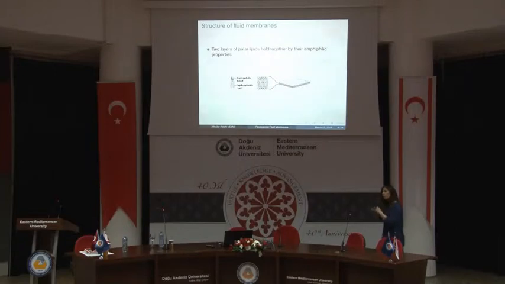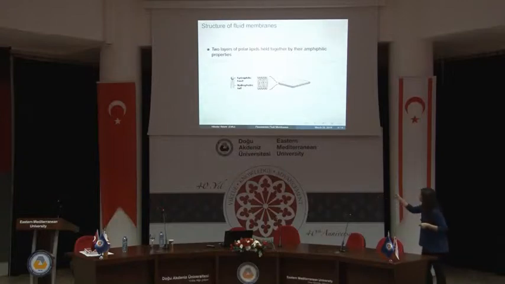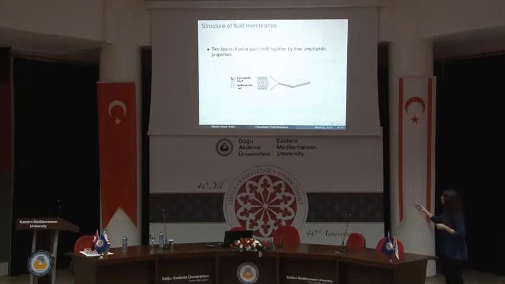Which is why when we put them in an aqueous environment, the tails start to run away from the water, and they gather together, and then they build a lipid membrane, or bilayer membrane. So this is the membrane that I'm going to work with, and then we will get closer to the characteristics of such a membrane.